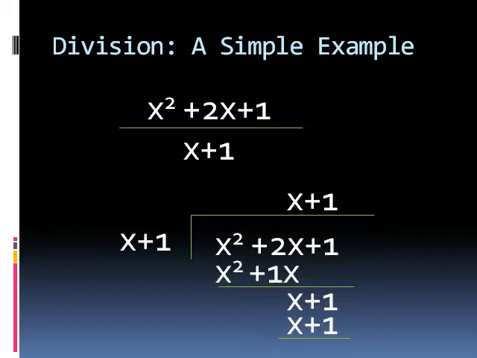When you subtract x squared plus 1x from x squared plus 2x plus 1, you have the leftover of x plus 1. Now you just need to multiply 1 by x plus 1, which after subtraction gives a remainder of 0. And therefore the answer to this division, or another factor of x squared plus 2x plus 1, is x plus 1.